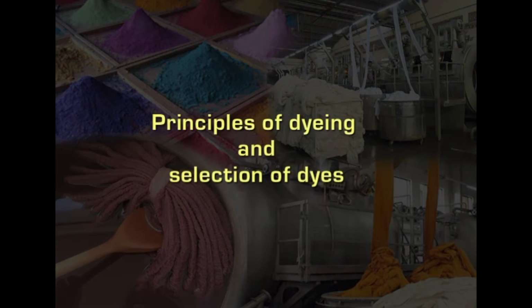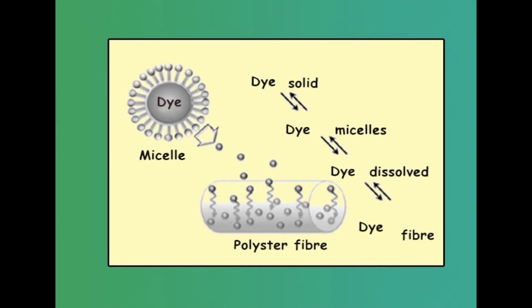Principles of dyeing and selection of dyes. Dyes are natural or synthetic substances that add color to fibers, yarns or fabrics. Dyes may combine with fibers or fiber molecules, attach themselves to the fiber surface, or be absorbed into the fiber without chemical action.